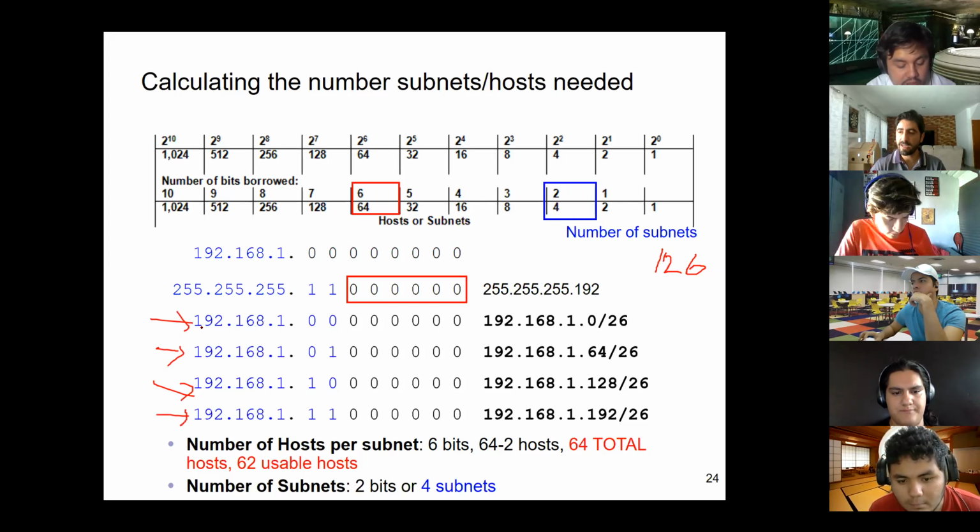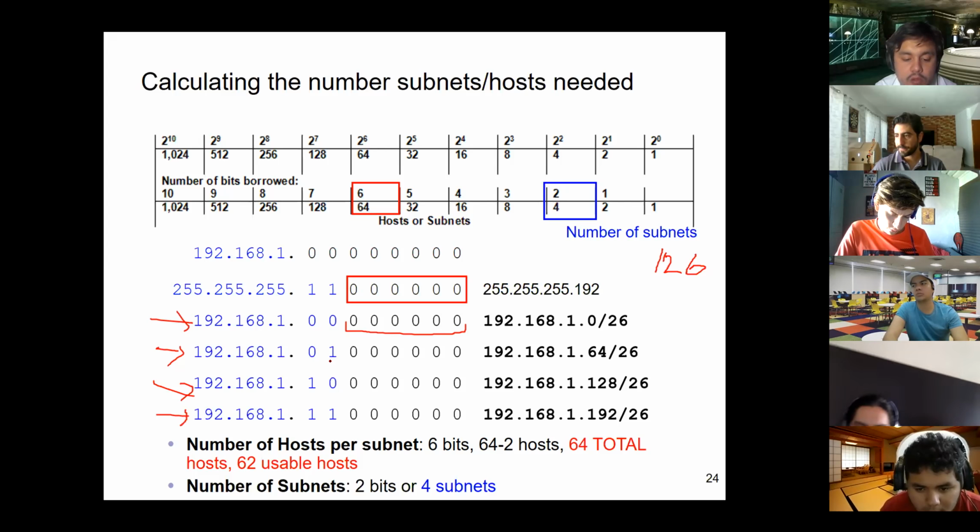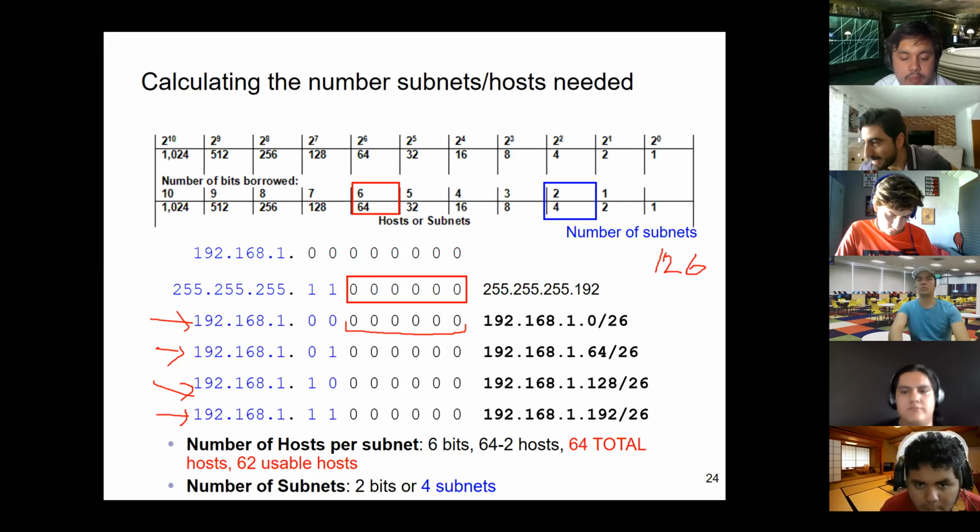So the first subnet IP address is going to be 192.168.1.0, and this is the part for your host. This is the /26 that I was telling you. The second subnet is going to start from 64. Let me say something again so you don't get confused.